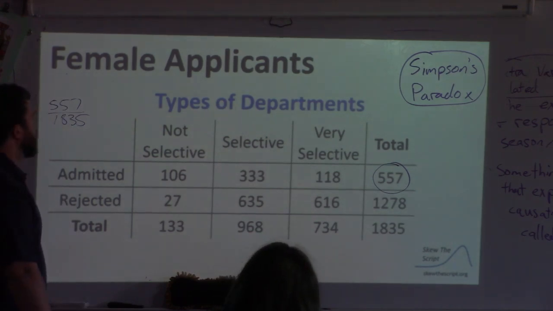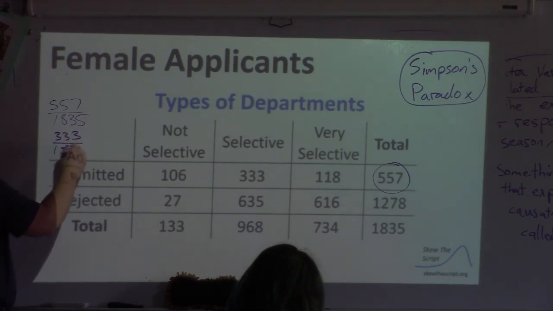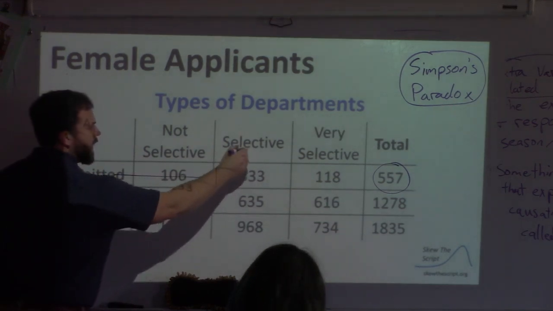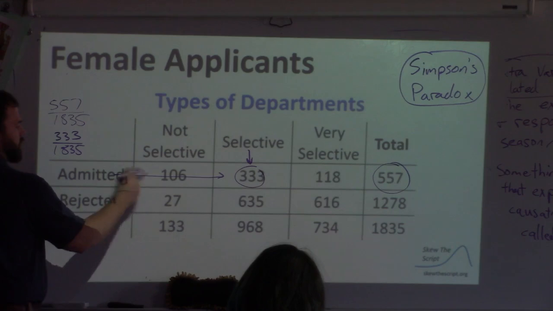If I were to ask you, what is the likelihood that, of these female applicants, they were admitted to a selective department? 333 out of 1835. Notice how that includes two variables. I looked at both admitted and selective.